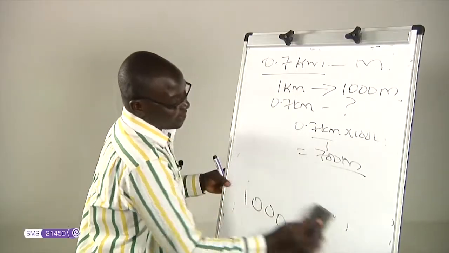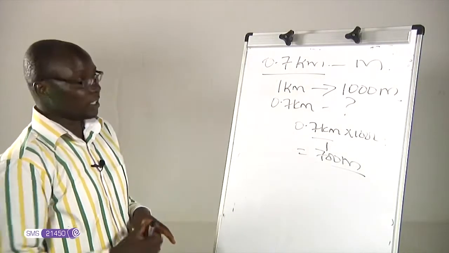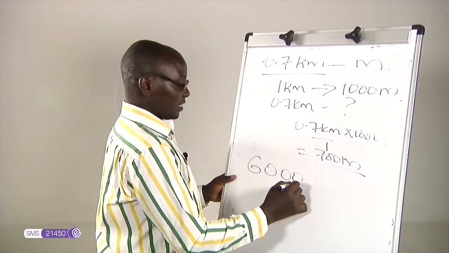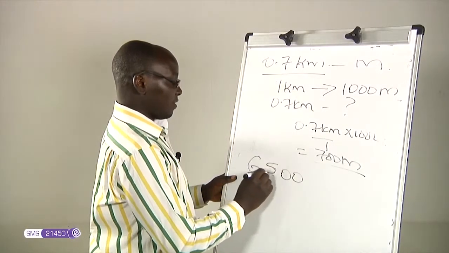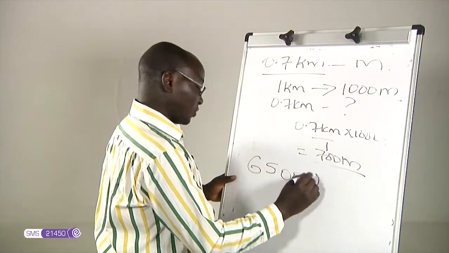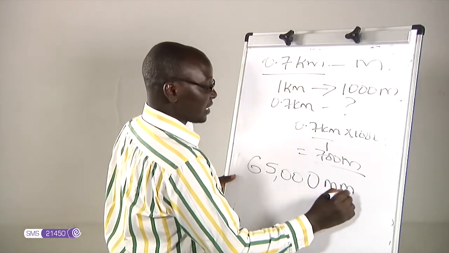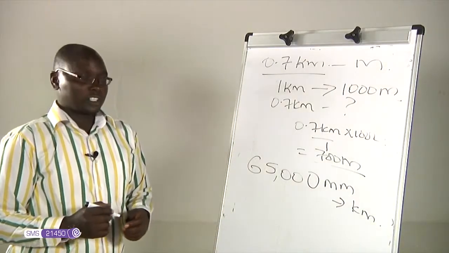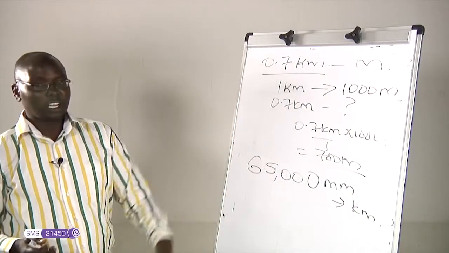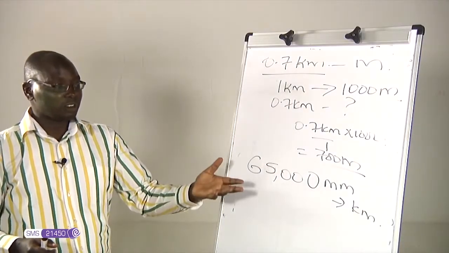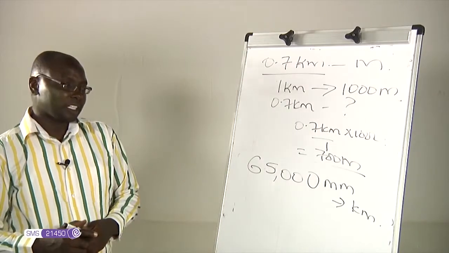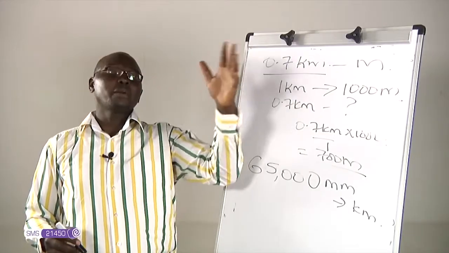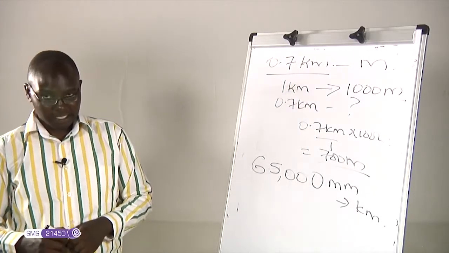Another example, suppose now we have 65,000 millimeters, you change into kilometers. There are various ways in which you can do this. You can first of all change into centimeters or into meters, or you can do it directly. So this one has various levels. We have millimeters, and we are changing this all the way to kilometers.